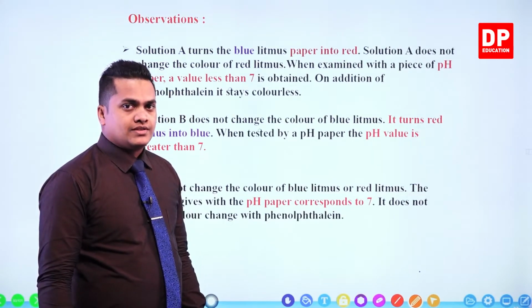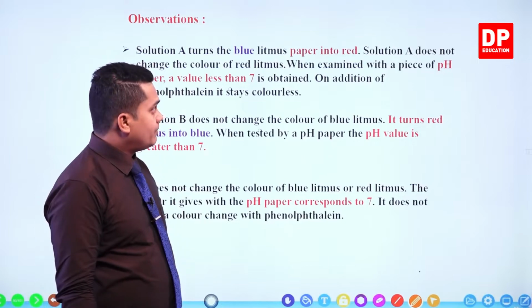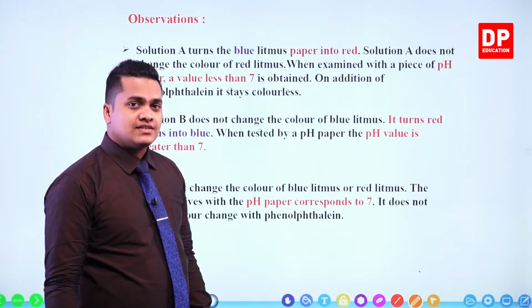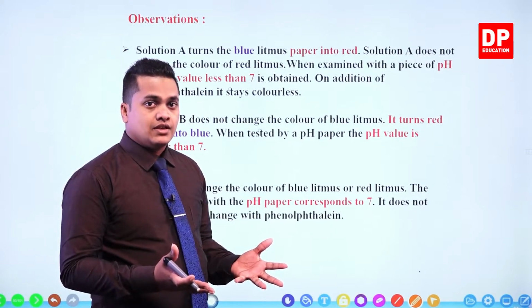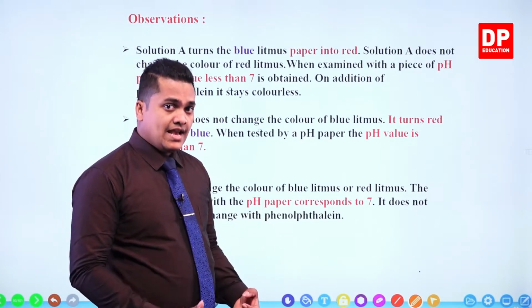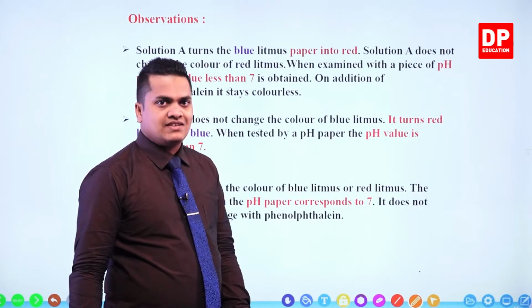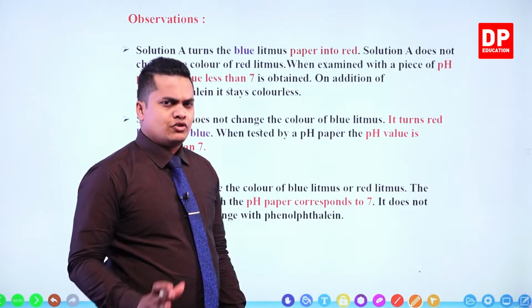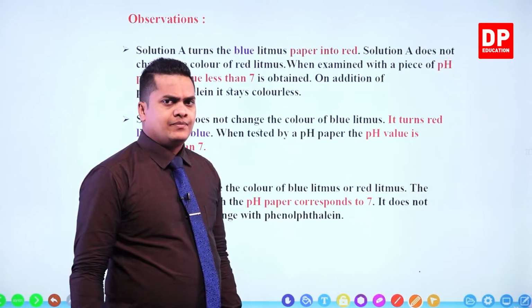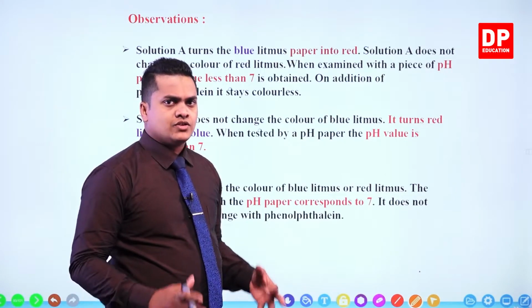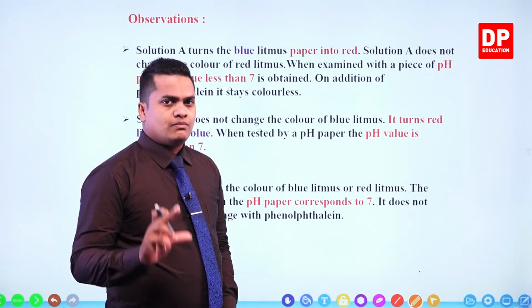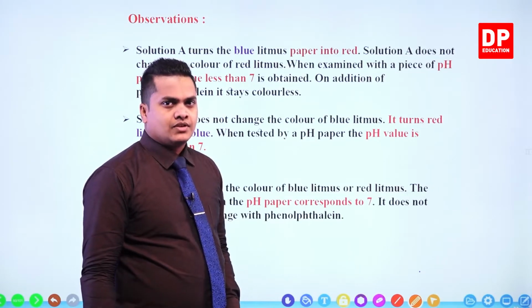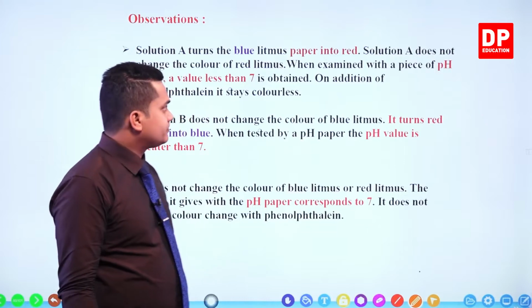It's obvious because it should be an acid. If it is an acid, then the pH value is less than 7. Solution A contains hydrochloric acid, so it's a type of an acid. So if it is an acid, we know that the pH value should be less than 7.